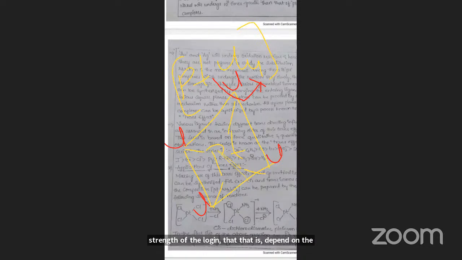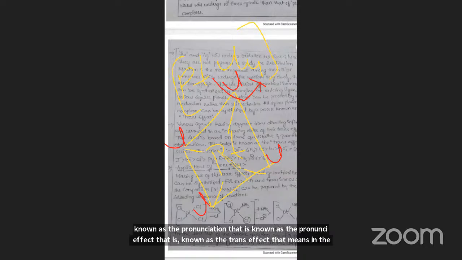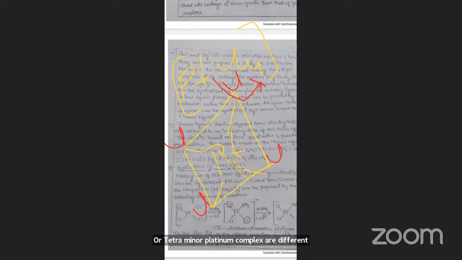In the tetrachloroplatinum complex or tetraaminoplatinum complex, different types of ligands are there. Now we are discussing the applications and mechanism also.